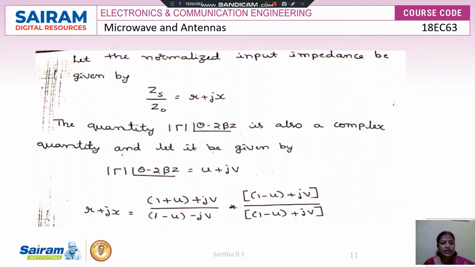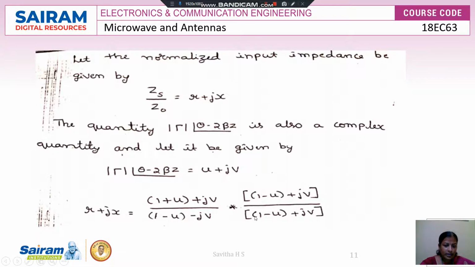The Zs by Z0 value we have taken as a real and an imaginary part, that is r plus jx. The quantity, magnitude of reflection coefficient angle of θ minus 2βz, is also a complex quantity, and let it be given by u plus jv. So r plus jx is equal to (1 plus u plus jv) divided by (1 minus u minus jv).